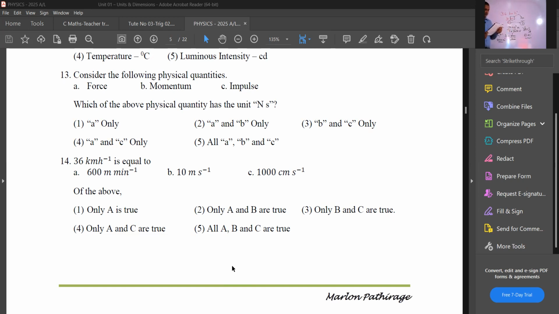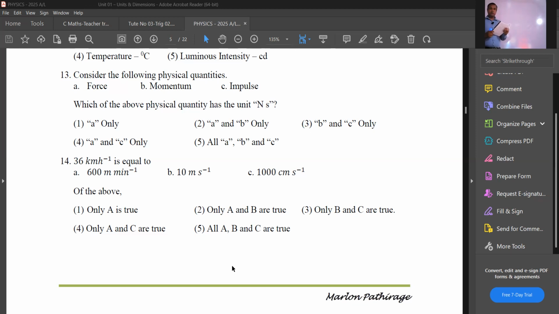16 one. What is the answer? Which of the following units cannot be used to measure pressure? You have to check the last note.